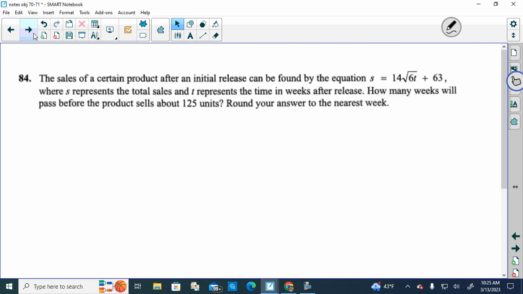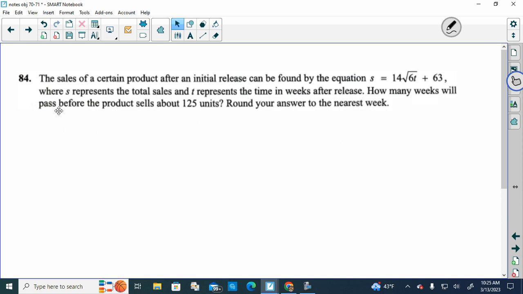Okay, 84. So just writing the formula, S equals 14 rad 6T plus 63. And then we're just trying to figure out where I'm plugging in the 125. It says where S represents the total sales and T represents the time in weeks after release.